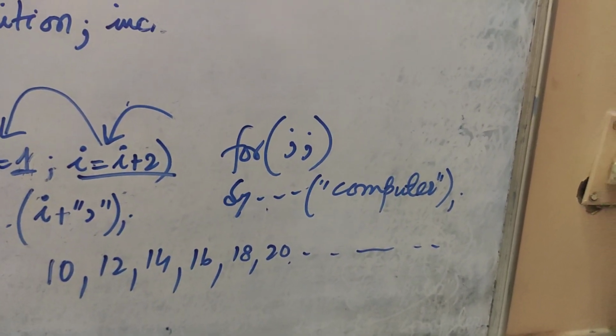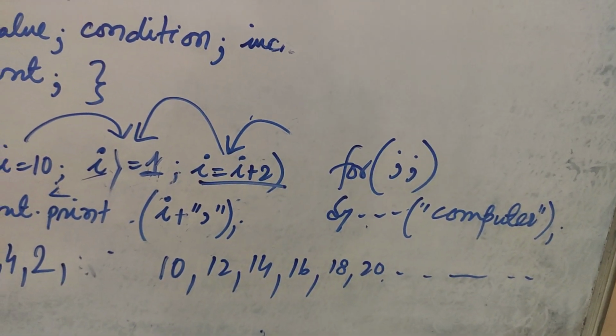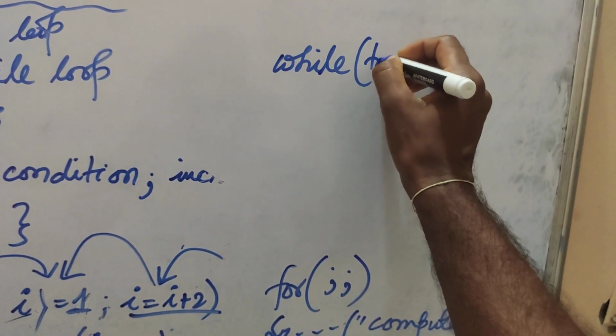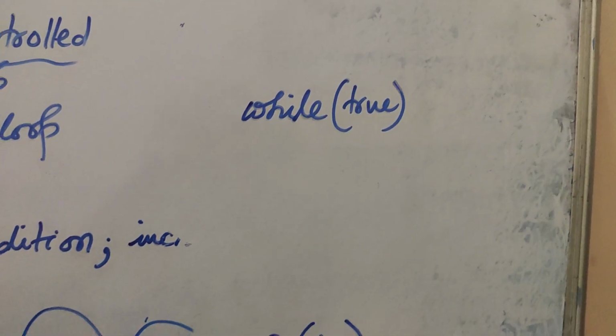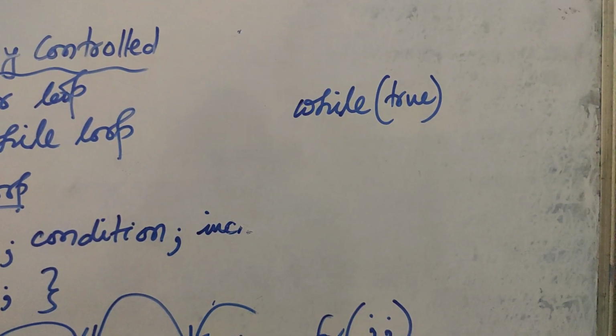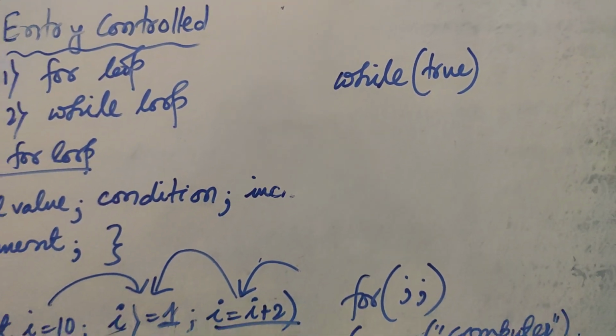Okay, so in a while loop, if inside the while you directly give true, what will happen? When you give true inside the while, it is an infinite loop, it never will stop, always true. Then we need to give statements to stop that.